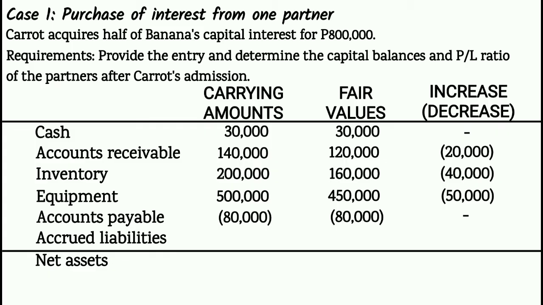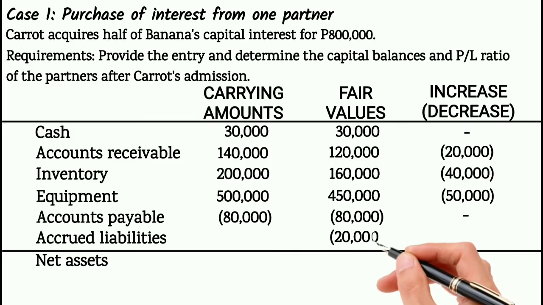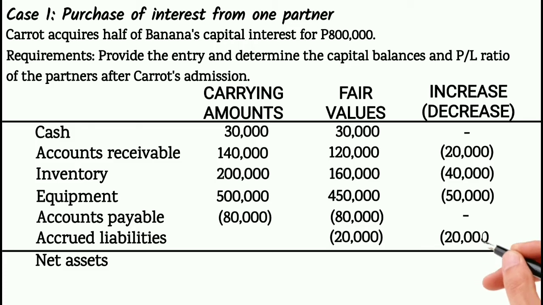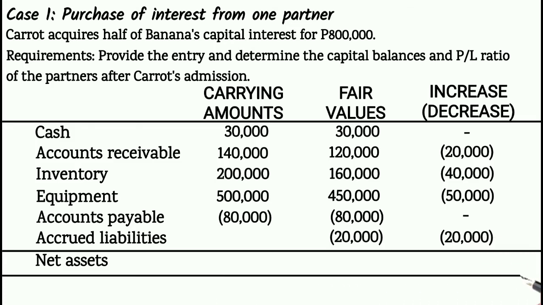And of course, pag ni-record ang liabilities, tataas ang liabilities. At kung tataas ang liabilities ng 20,000 pesos, ang effect niyan sa net assets ay decrease. Therefore, magkakaroon ng decrease of 20,000 pesos.